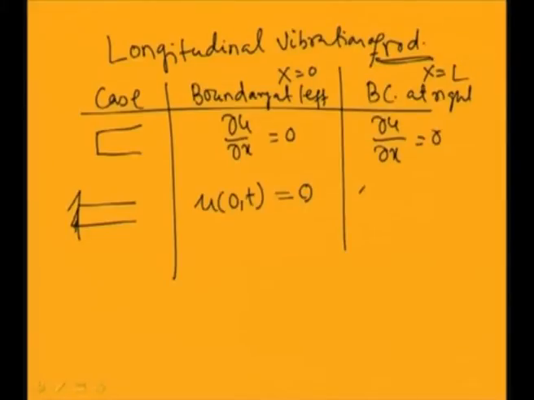Similarly, at the right end also u(L,t) will be equal to 0. And let the end be spring loaded. Let us put a spring at the left end in case of the longitudinal vibration of the rod, that means when the rod is vibrating along its length, let us put a spring k at the left end or right end.